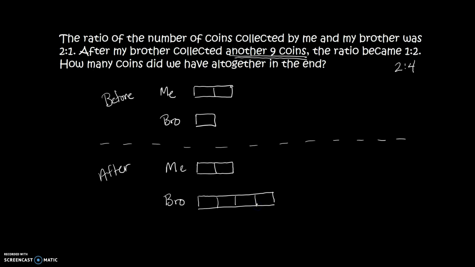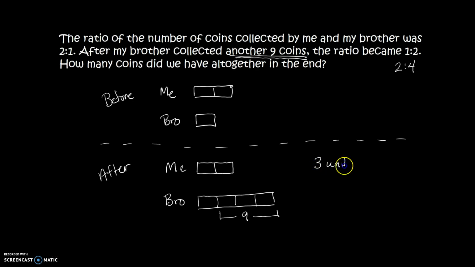Okay, and here's another clue in our word problem up here. It says, after my brother collected another 9 coins, the ratio became 1 to 2. Well, remember I started off with a ratio of 2 to 1, and now I have a ratio of 2 to 4. So we can conclude that the 3 units that brother added is equal to 9 coins. And the question is, how many coins did we have altogether in the end?